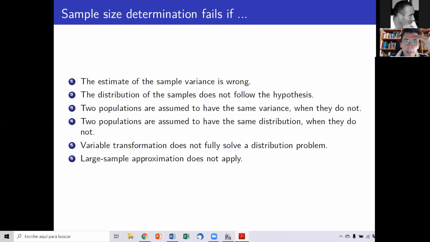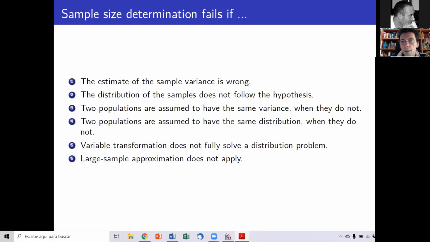Then, the distribution of the samples does not follow the hypothesis. We started all our design saying our samples are Gaussian. If our samples are not Gaussian, then the calculations are not correct. Or, for instance, we assume the two populations to have the same variance and they don't, or we assume the two populations to have the same distribution when they don't.